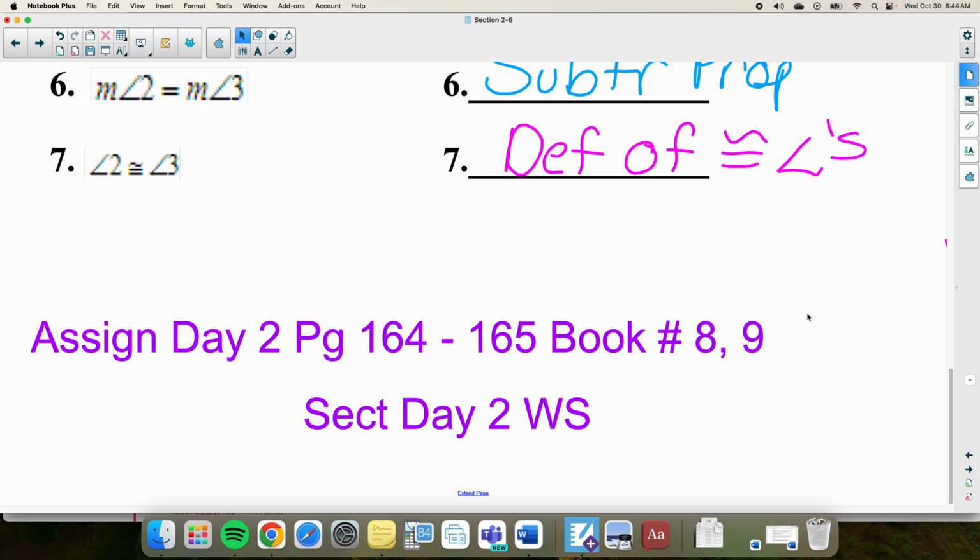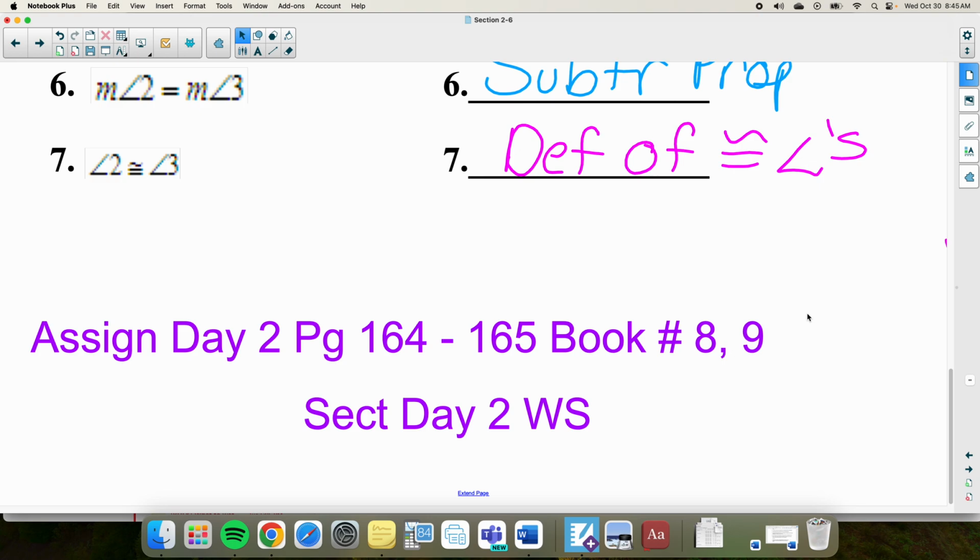I thought it was a different assignment than today, but on the worksheet, a lot of it is actually what we did yesterday, not today. You'll have some proofs to do, but on the worksheet, there's a lot of what we did yesterday, finding missing angles.